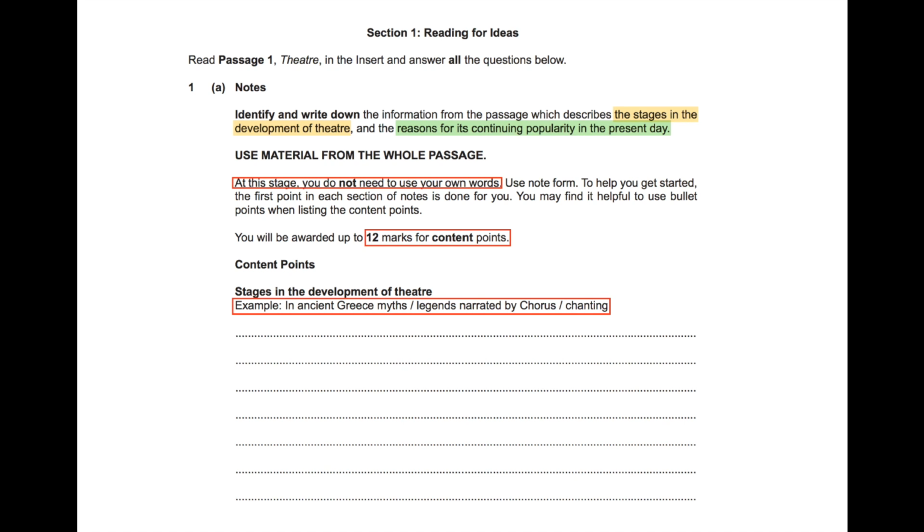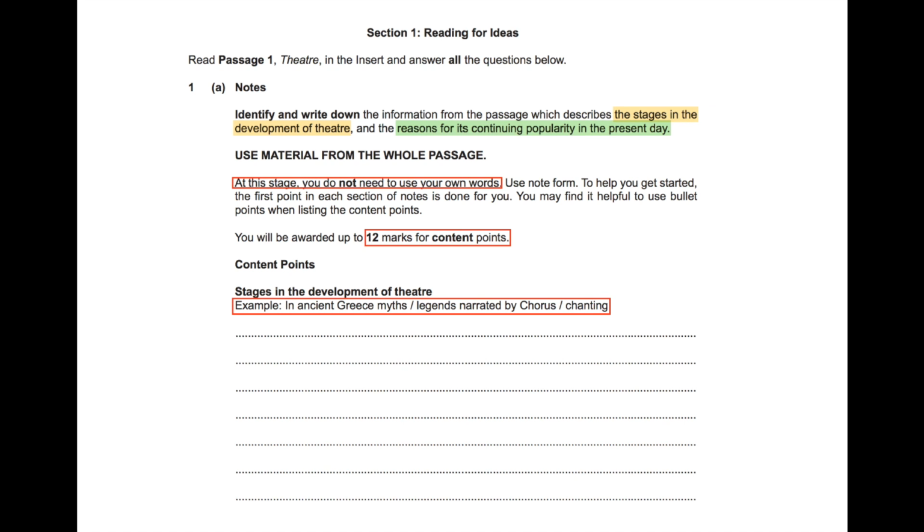The second half of the text will deal with the reasons for its continuing popularity in the present day. So what you have to do is read through the passage and identify and write down the key points, the most important information, for both of those topics.